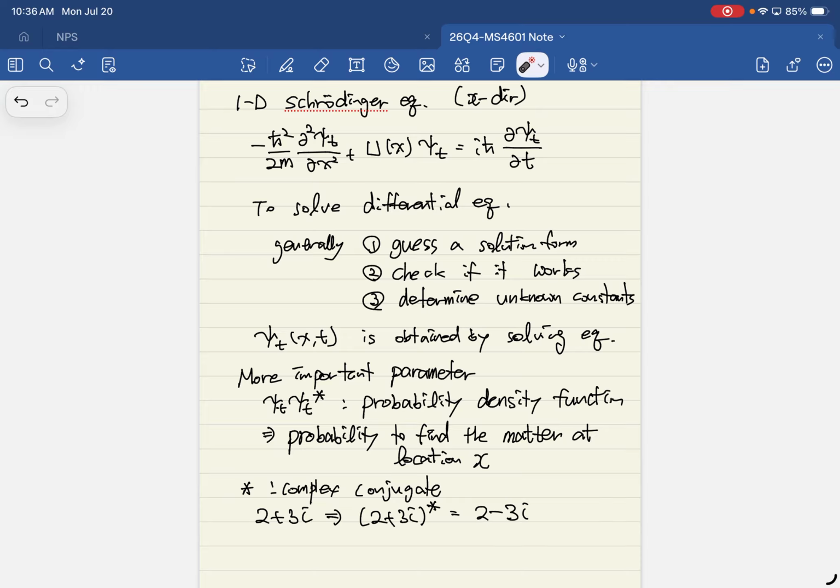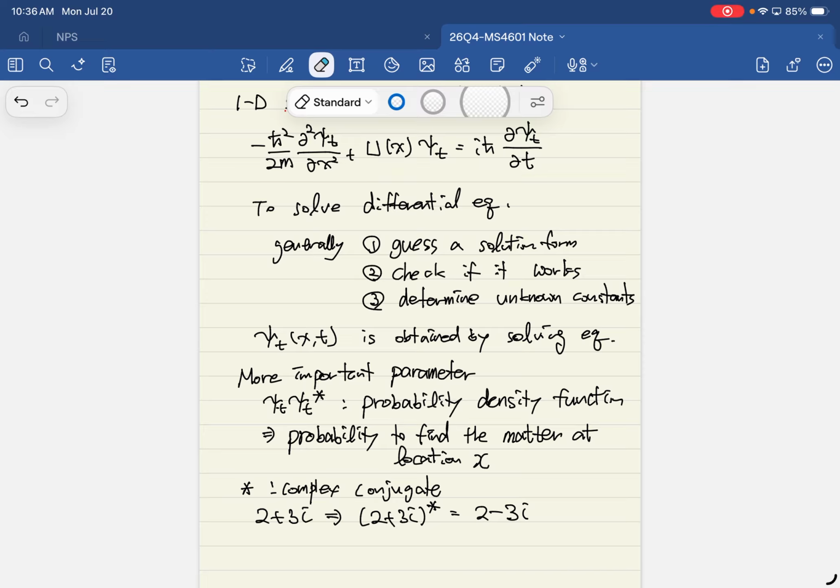Okay? So this one is kind of a confusing concept, right? We are so used to deterministic events, deterministic quantities, right? When we solve Newton's law, it will tell us the exact speed and where the location is going to be. But in quantum mechanics, it's only going to tell us the probability. Okay? It can be located at x equals 1, maybe the chance is 10%, something like that.